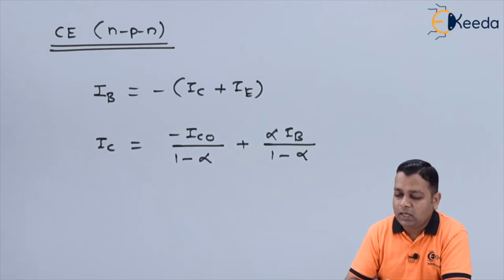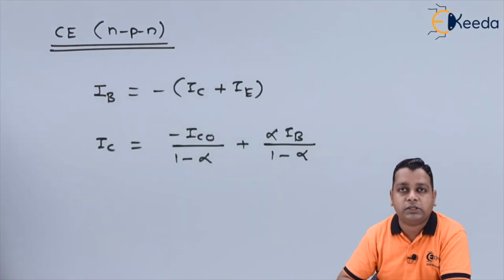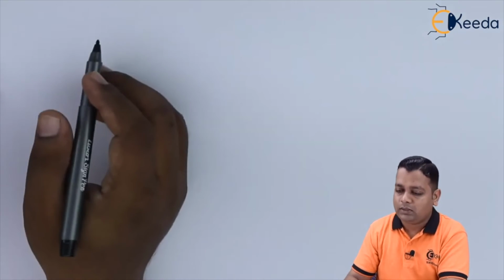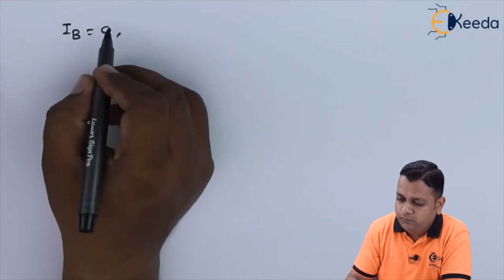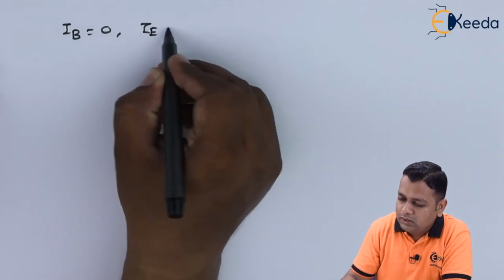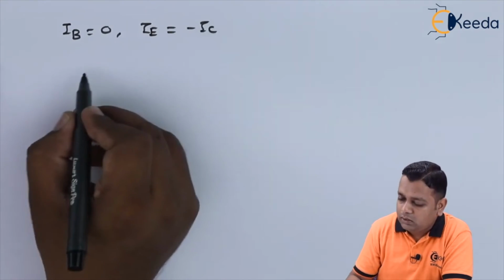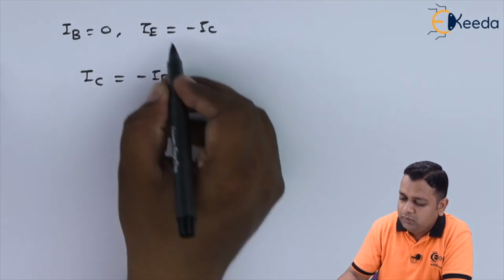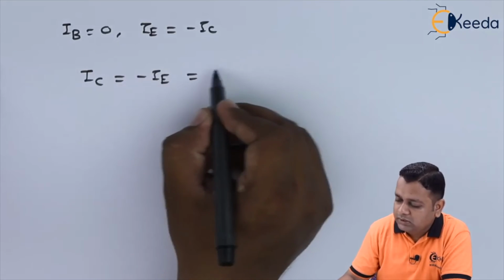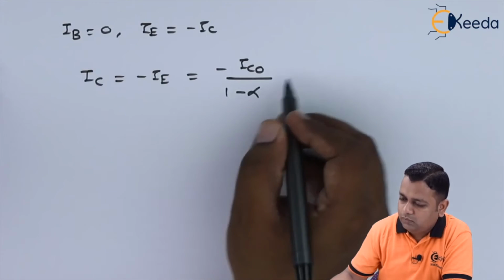Now when the same common emitter NPN structure for the microwave bipolar junction transistor is operated in the cutoff region, we have the condition IB equal to 0 and capital IE equal to minus of IC. The collector current IC is equal to minus capital IE, which from this formulation is expressed as minus of capital ICO divided by 1 minus alpha.